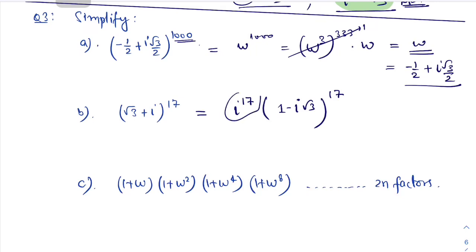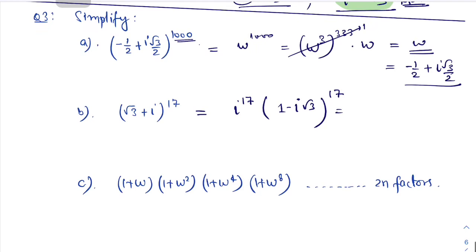What will be iota to the power 17? Iota to the power 4 is equal to 1. It means i to the power 17 is i only, and in the bracket it's 1 minus iota root 3.